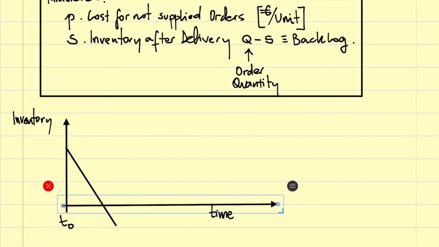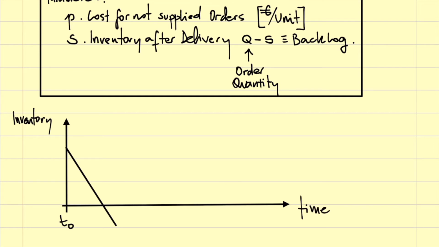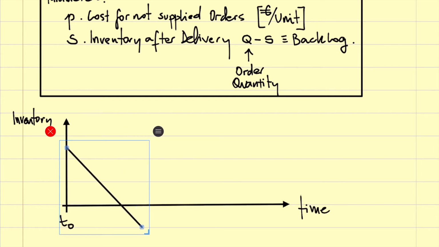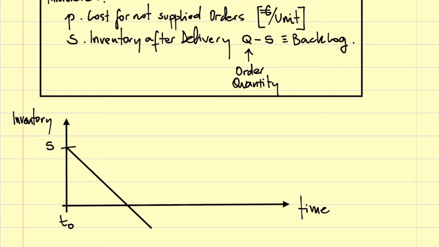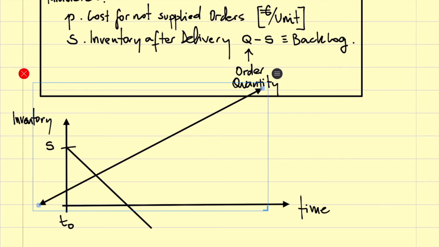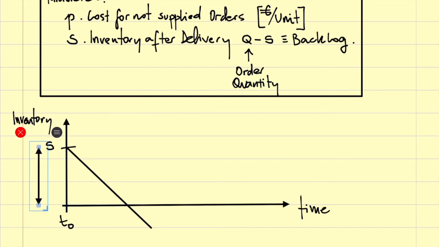Let me get this a little bit longer so that it is more clear. Time. So we allow for a backlog, which means that we can go and have negative inventory. Okay, this is S. This is the inventory after delivery, S. And this is the backlog.